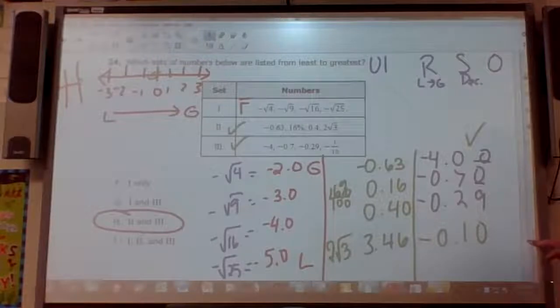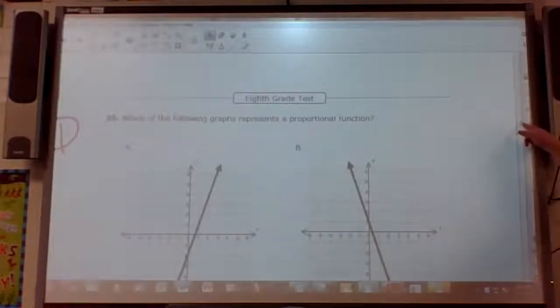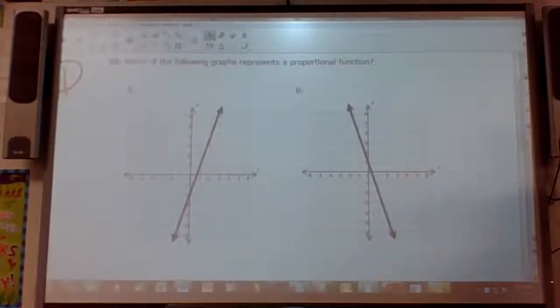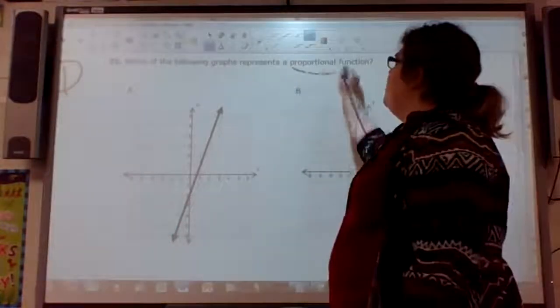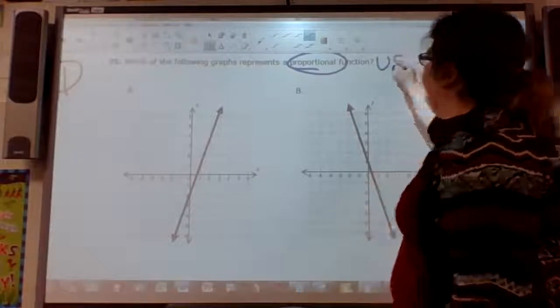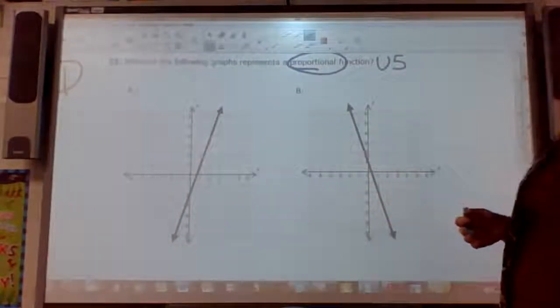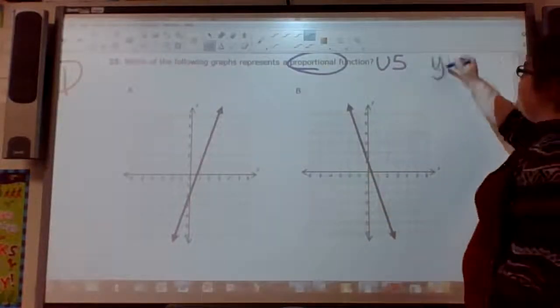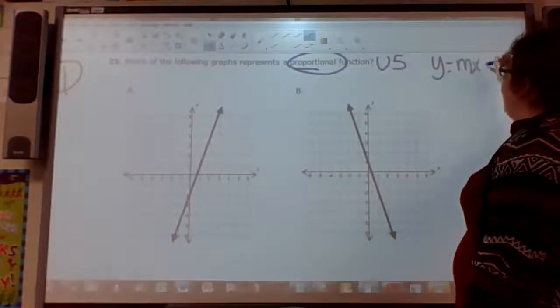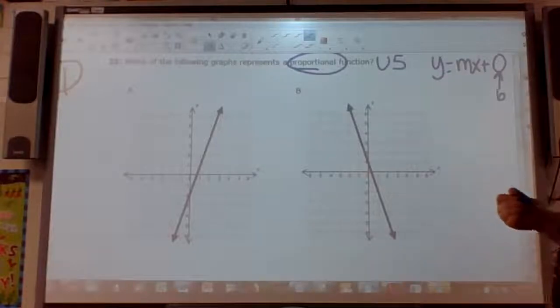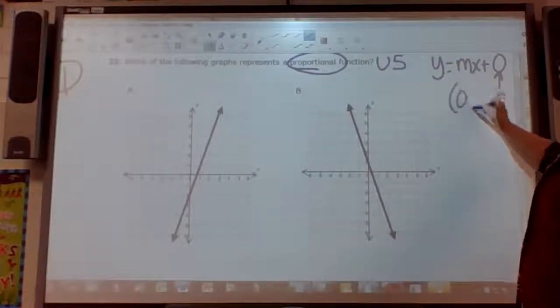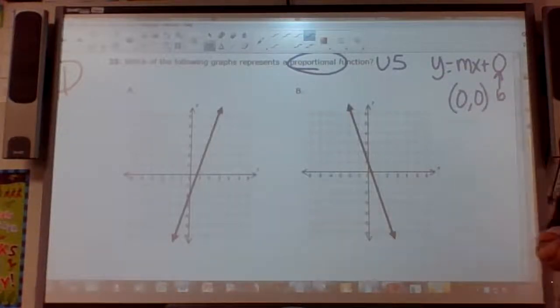Next problem. Number 25. Which of the following graphs represents a proportional function? Proportional, Unit 5. On our star chart, we talked about this. Proportional means that you have a slope, but no y-intercept. B is 0. That means your graph is going to go through the origin.